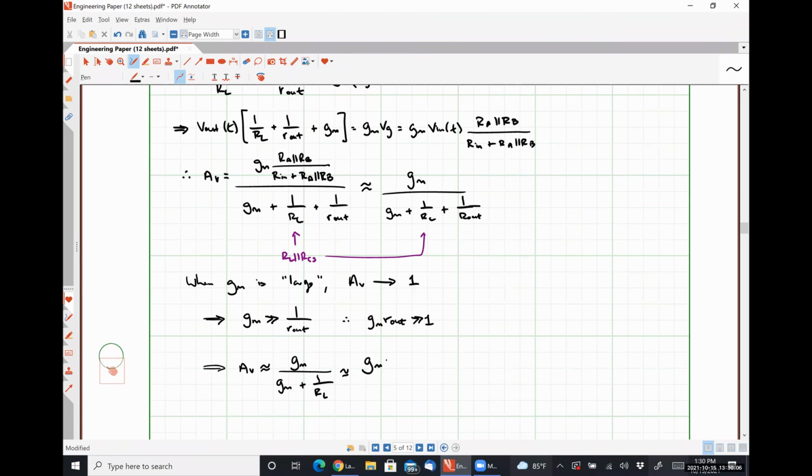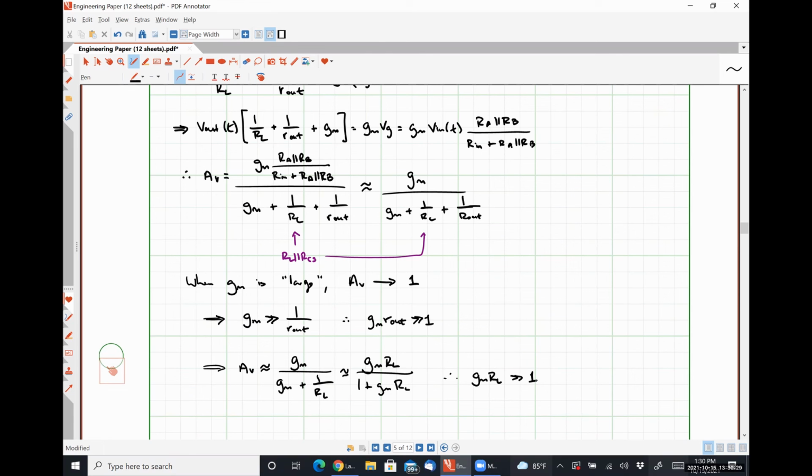Doing a little bit of algebra, that's going to look like GM multiplied by RL over 1 plus GM RL, which tells us that the quantity GM multiplied by RL also needs to be much greater than 1 in order for us to have a gain of approximately 1.